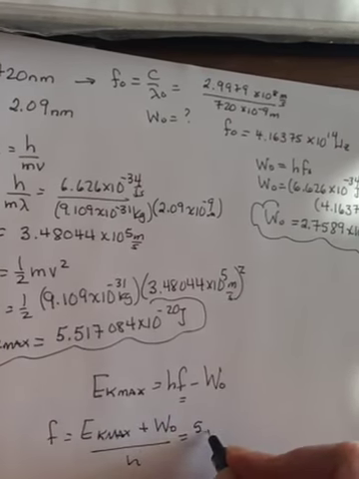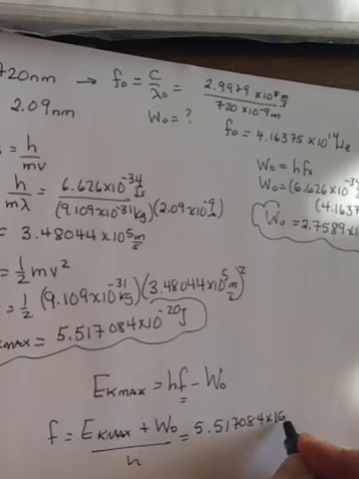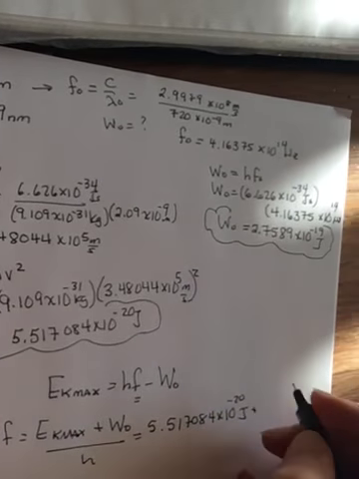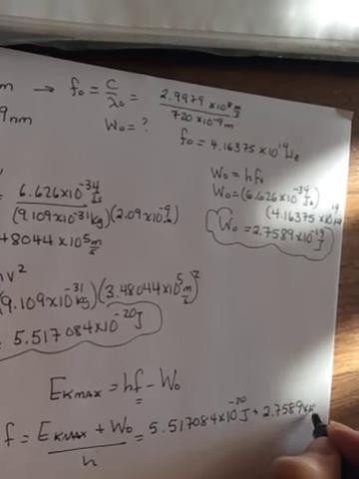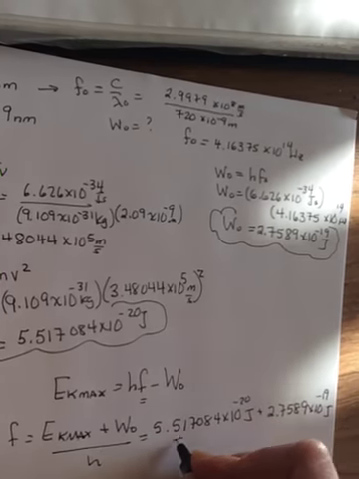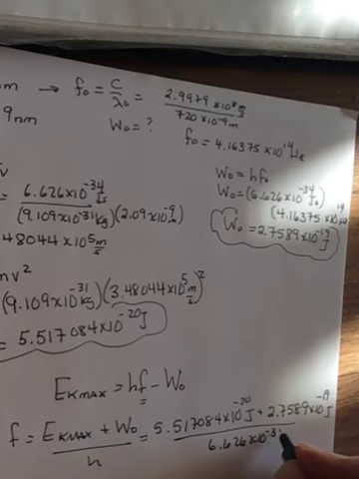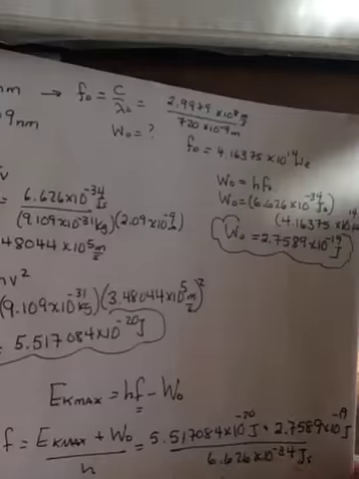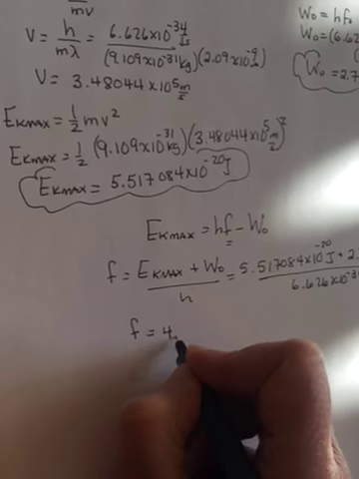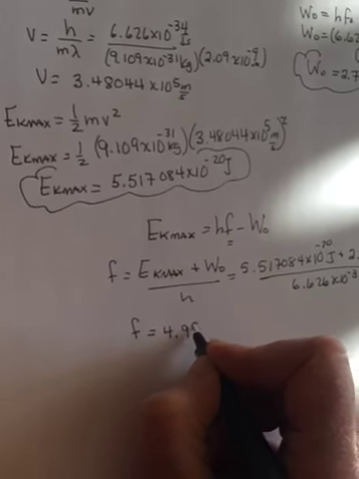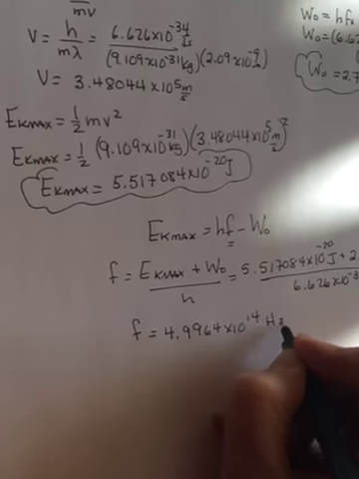So that equals 5.517084 times 10 to the negative 20 joules plus 2.7589 times 10 to the negative 19 joules, divided, of course, by 6.626 times 10 to the negative 34 joule seconds. When we do that, we get an f of 4.9964 times 10 to the 14th hertz.